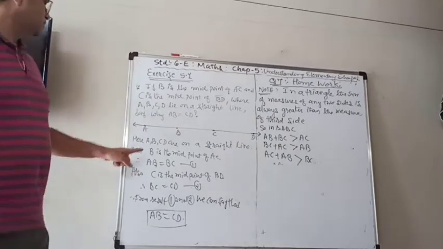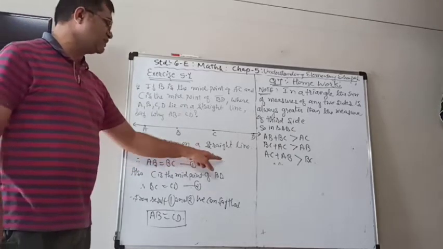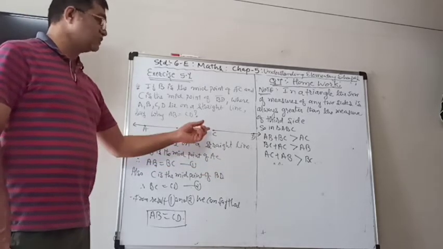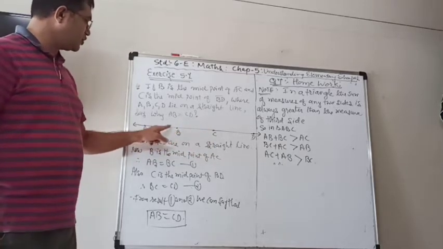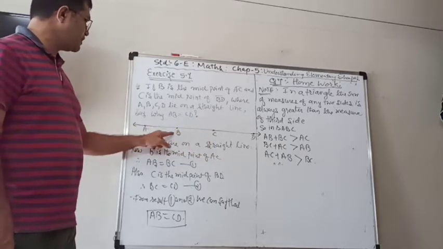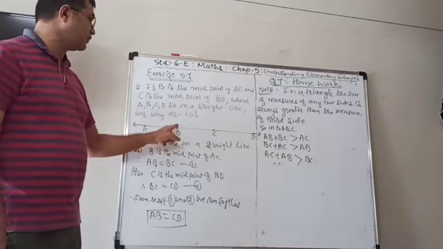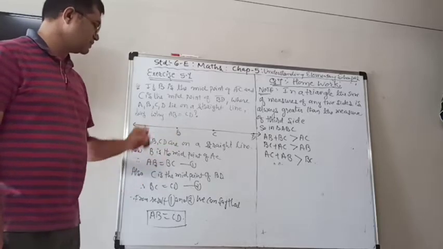Given that B is the midpoint of AC, it will obviously lie between A and C, and therefore the measure of AB and the measure of BC will be equal because it is at the midpoint. So we can write AB is equal to BC.